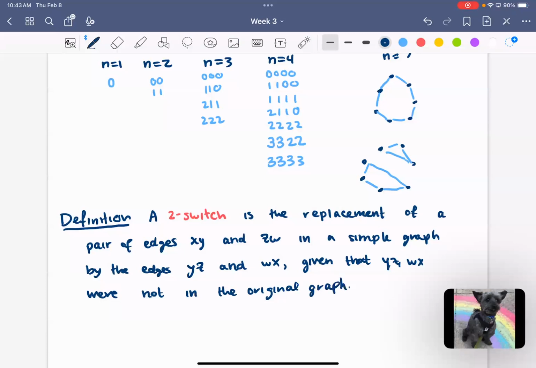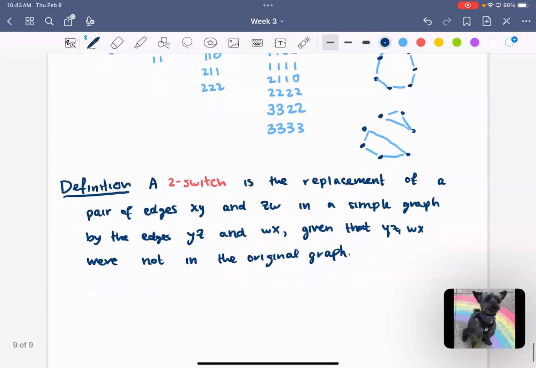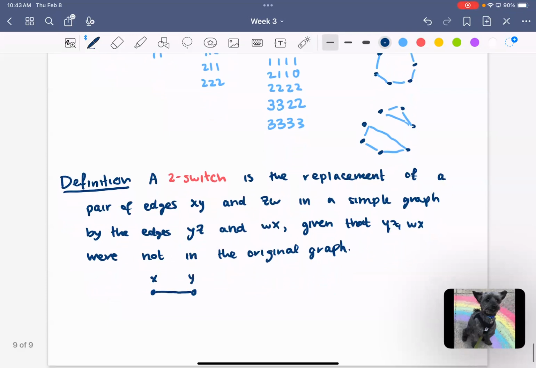Okay, so I'll draw a picture so that this makes sense. So if we had vertices X and Y and an edge between them, and vertices Z and W with an edge between them, and then possibly other stuff going on outside of this. These circles are just meant to represent some other stuff going on in the graph.